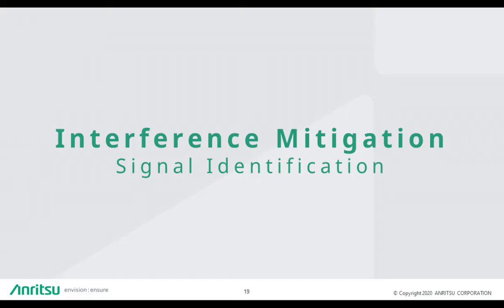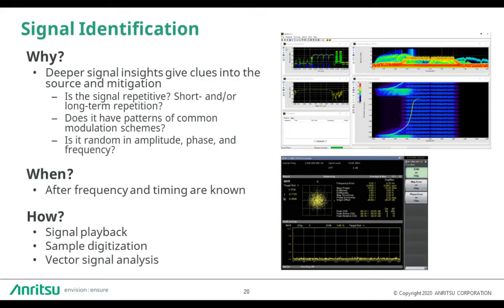Okay, so that takes us to the next step after signal monitoring, which is signal identification. Now, identification is typically a step done at a higher level of interference hunting. Not everybody necessarily needs to identify the type of signal that's interfering.